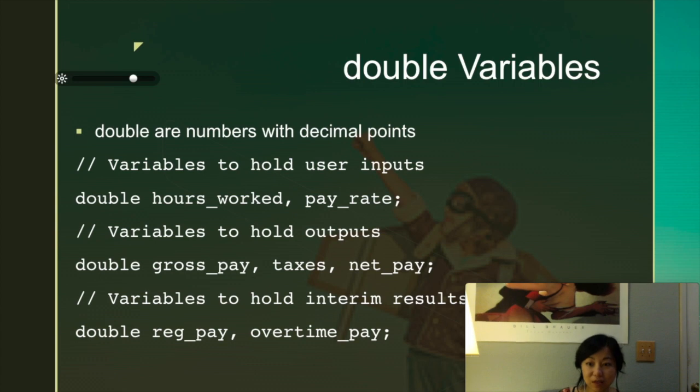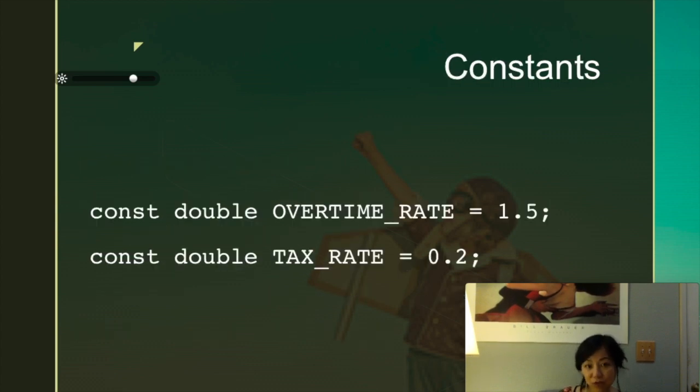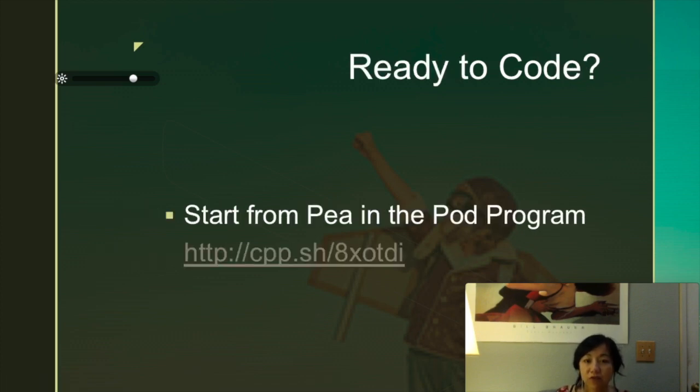If they type in 200, it's 200. But constants don't change. So let's say I picked a tax rate of 20%. 20% is 0.2. Overtime rate is always 1.5 for this program. So let's start by doing a part of it first.